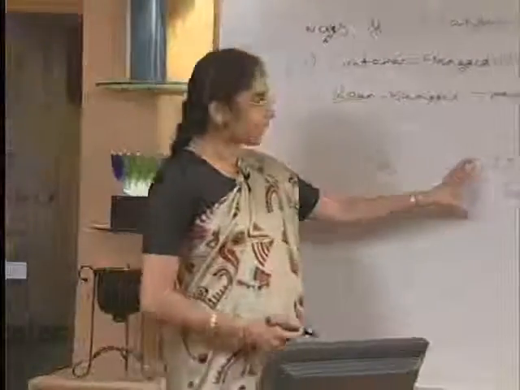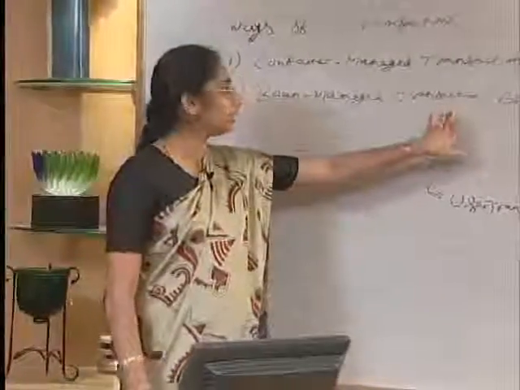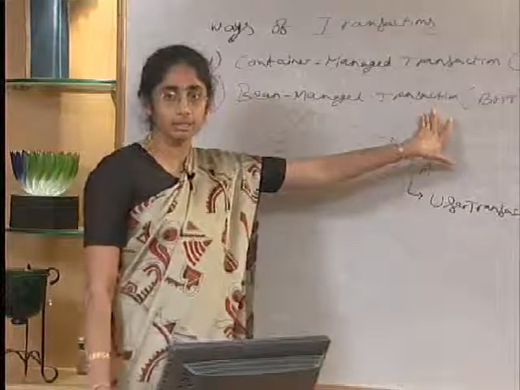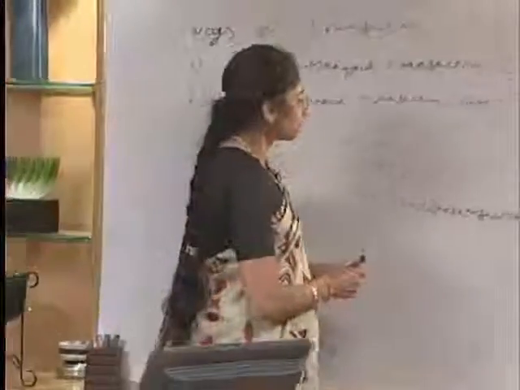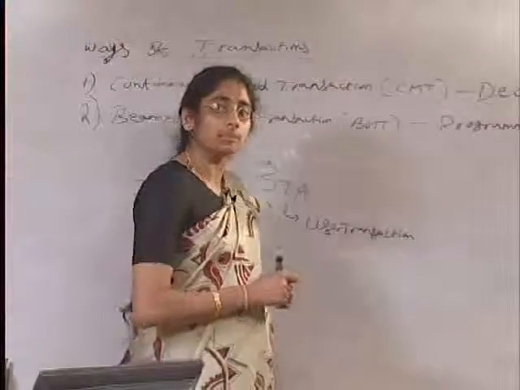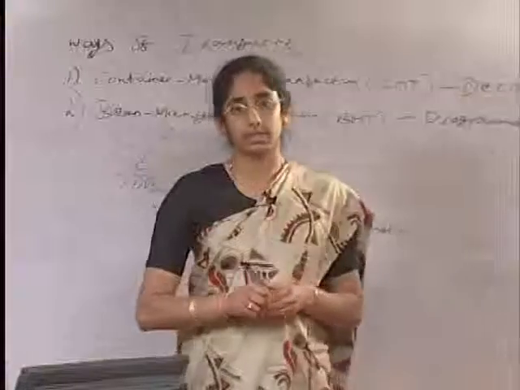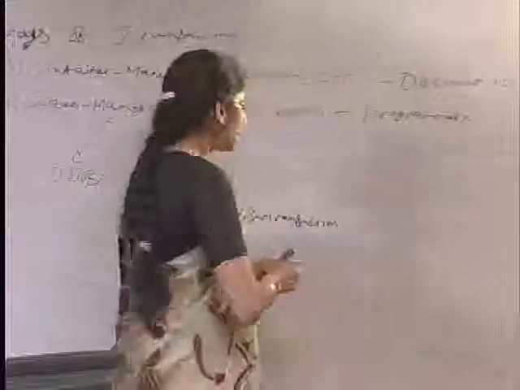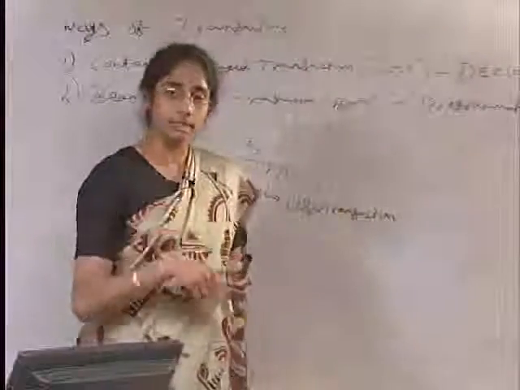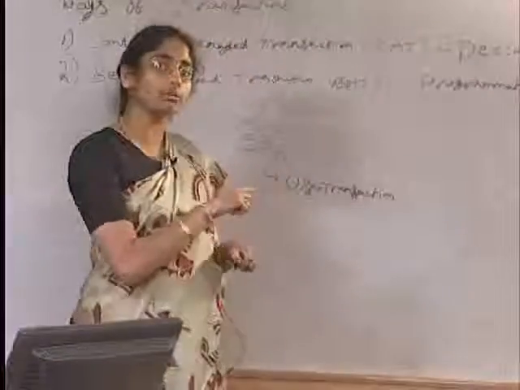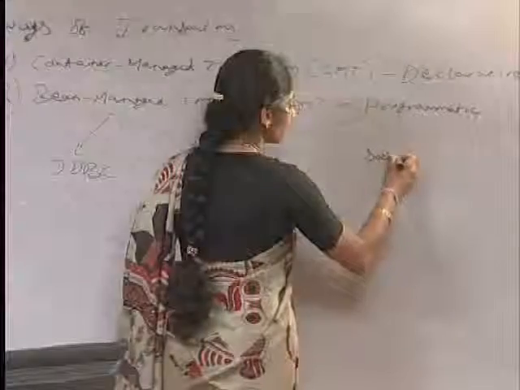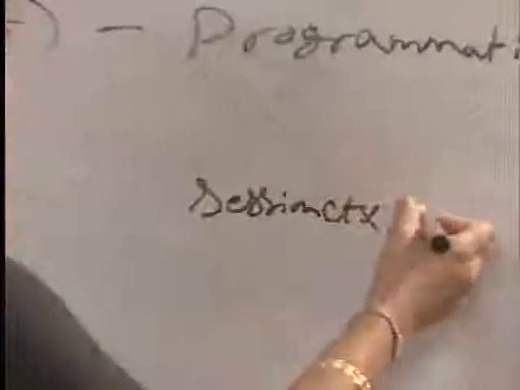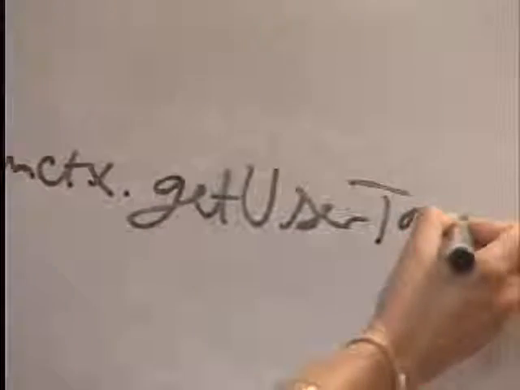If you use JTA to code for bean managed transactions, then what you need to do is, remember you have your context object. Take your session context or the message driven bean context. Remember, you cannot use this for your entity beans. So take your session context object and call the method getUserTransaction.